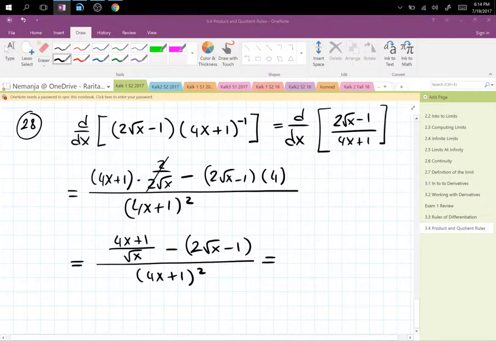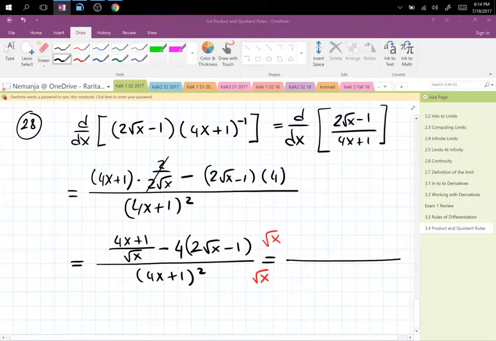We have a square root of x. There's a 4 there, so I'm going to multiply by square root of x to get rid of the square root from the denominator.